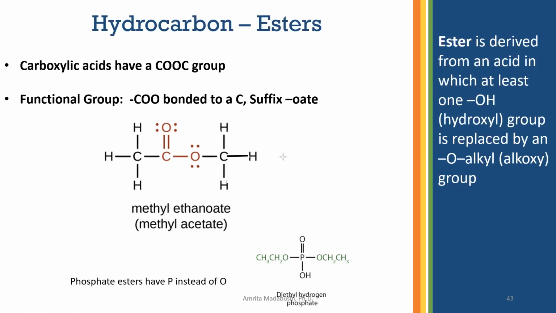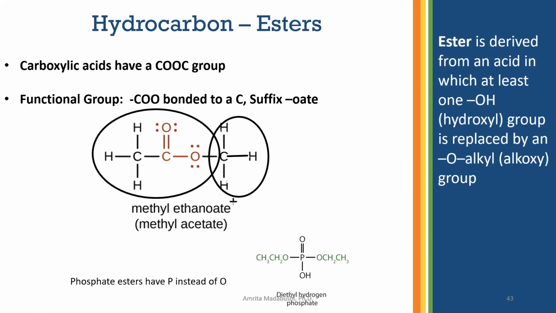First of all, you're going to talk about the smaller side. It has only 1 carbon. This is the methyl group. So whenever you have to name 2 parts, you pick the smaller one first and then the larger one. Methyl ethanoate.